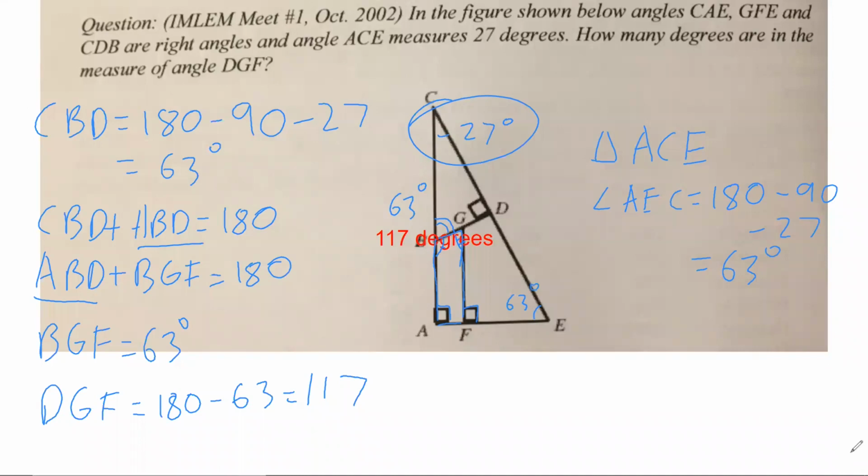And now we can look at this quadrilateral, whose angles add up to 360 degrees. And since we have a right angle here and a right angle here, that means that FGD plus FED is equal to 180 degrees.